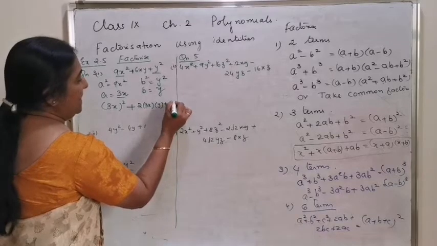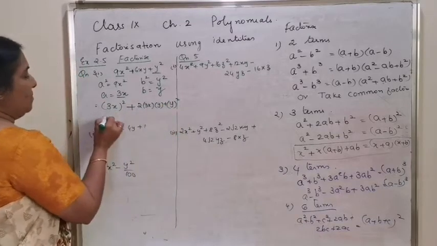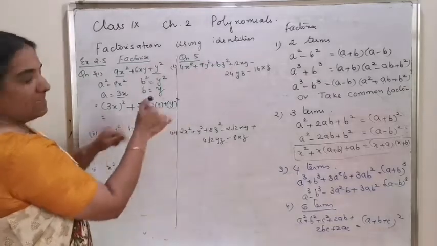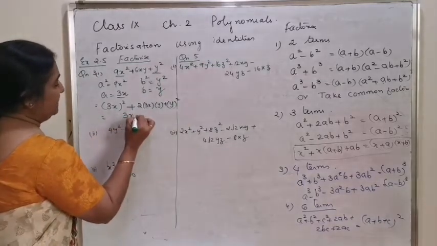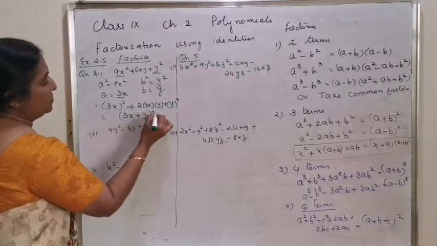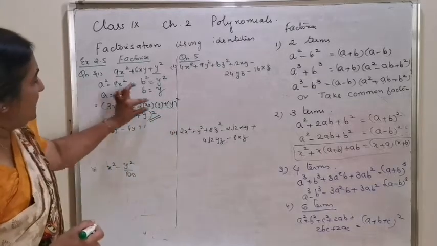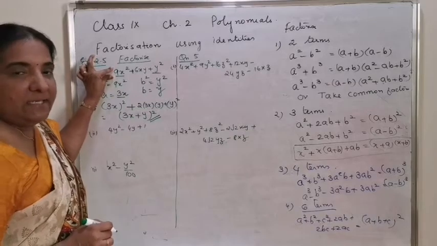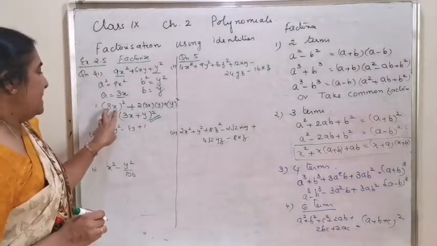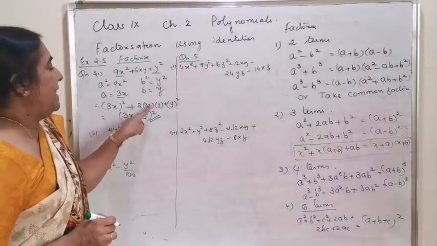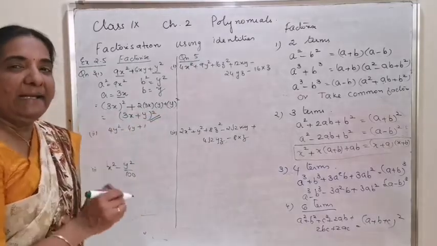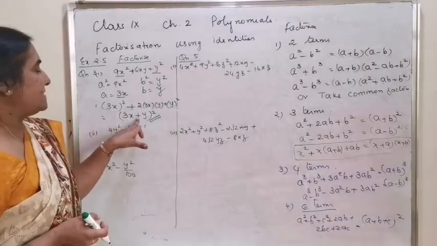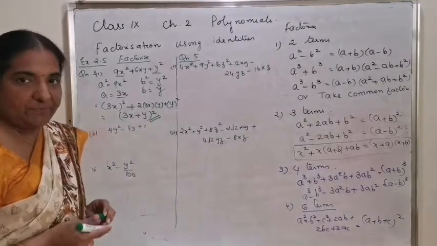Plus y the whole square, so the final answer is a plus b the whole square, that is 3x plus y the whole square. In this step, you are arranging the given question in the form of a square plus 2ab plus b square to identify a and b, and then to get the answer as 3x plus y the whole square.